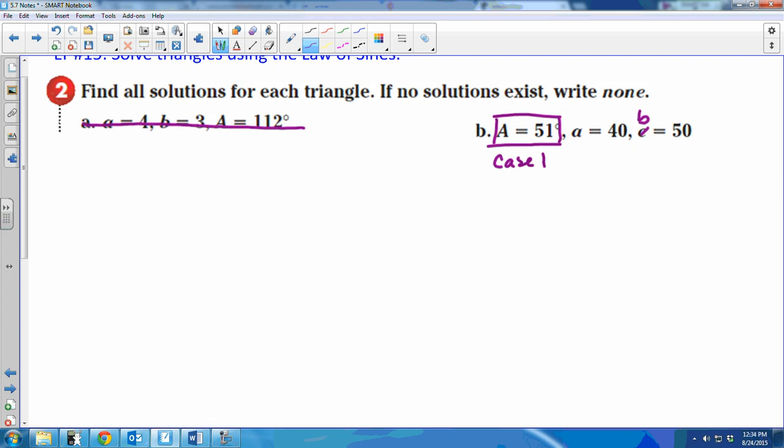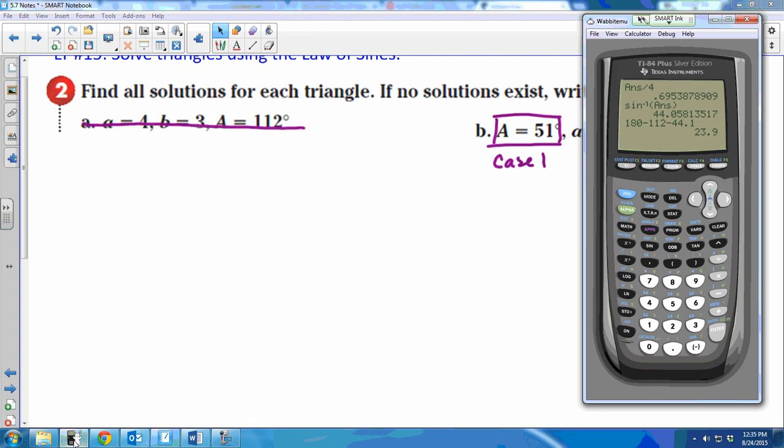So A is less than B, so I know I have to have one of these 3 things on the top of the table, right? Yes. And so then I need to compare A to B times the sine of angle A. So how does 40 compare to 50 times the sine of 51?